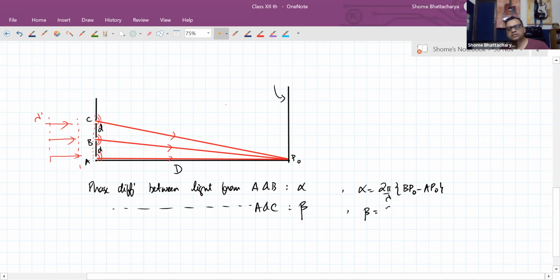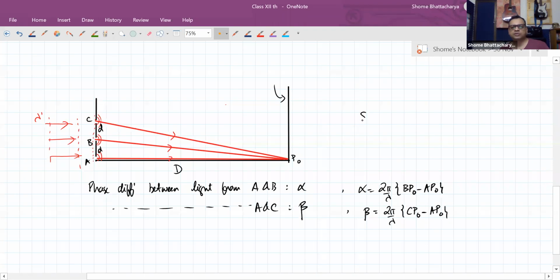So beta is 2 pi by lambda times Cp naught minus Ap naught. You can also consider B and C, but I have considered A and C because I'm going to go with the phasor diagram method. So that will be more important for me.